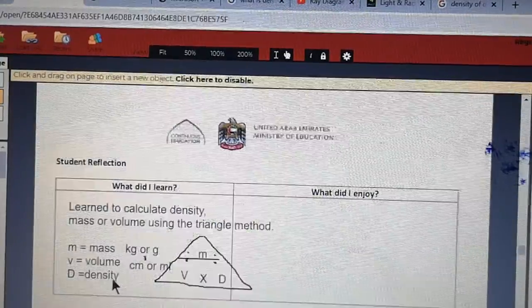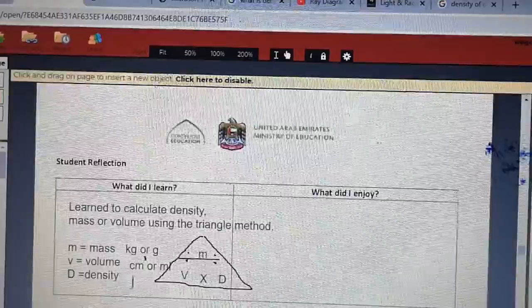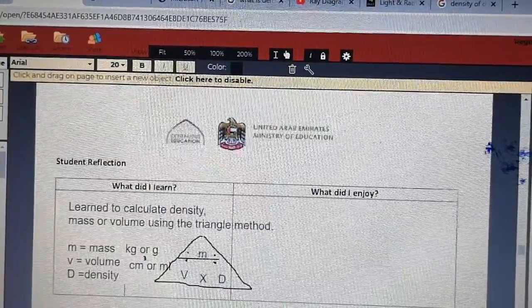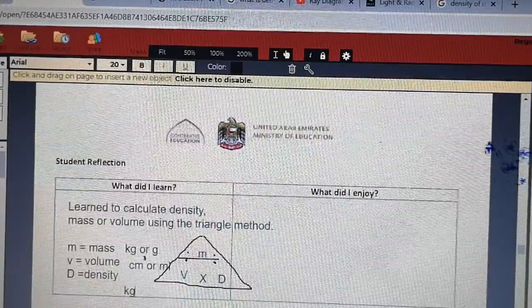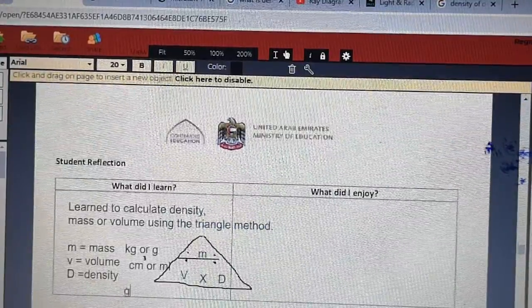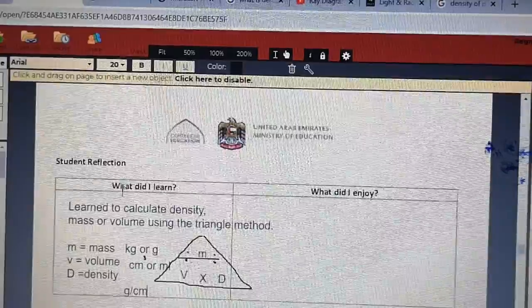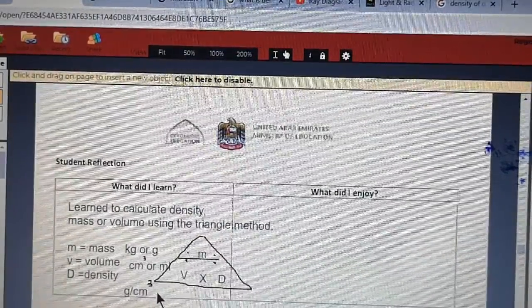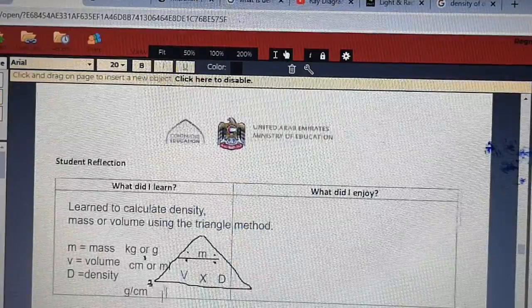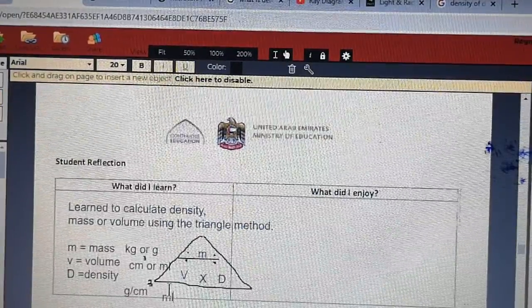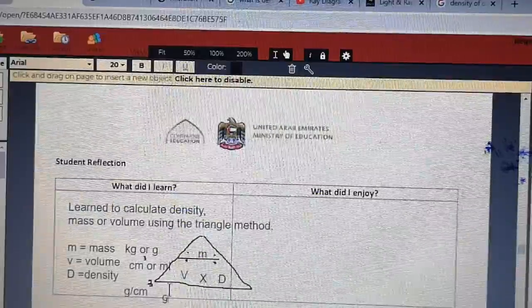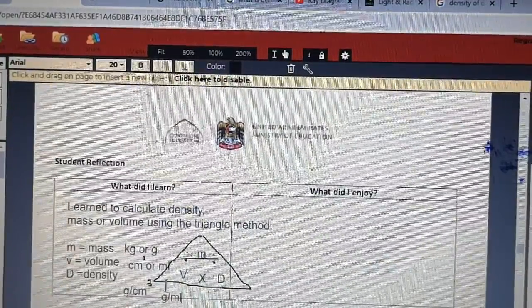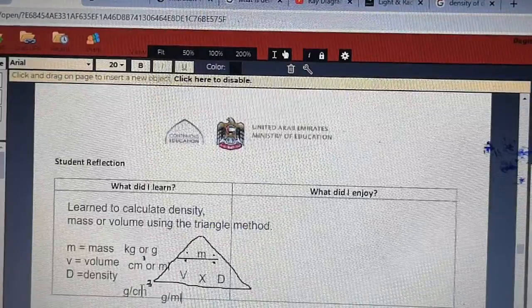And density is the both together, so maybe it's kilogram or gram per centimeter cubed, or we could have gram per milliliter. Those are the two main ones.